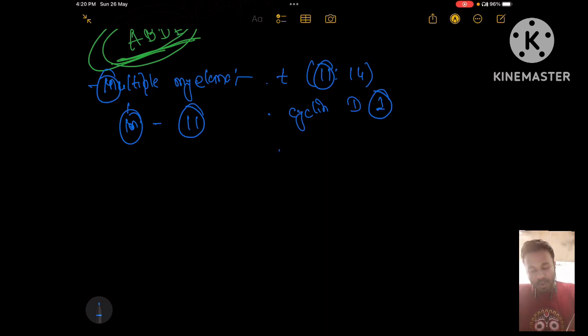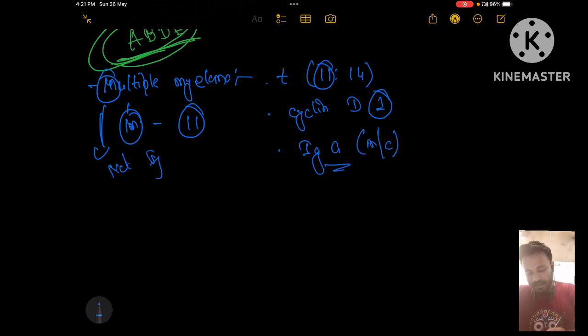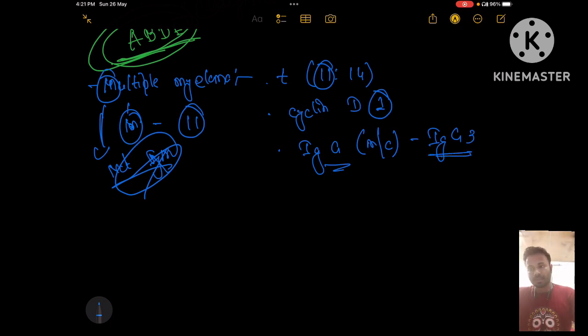So what is the abnormality of immunoglobulin? It is M, but most commonly IgG, not IgM, specifically IgG3.